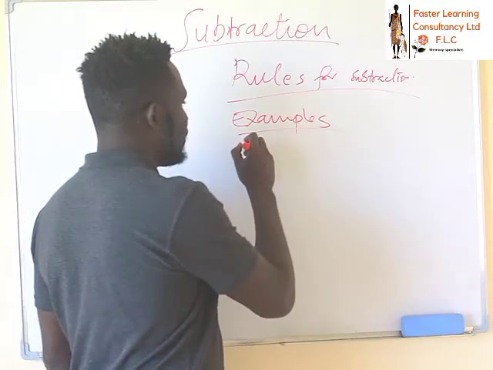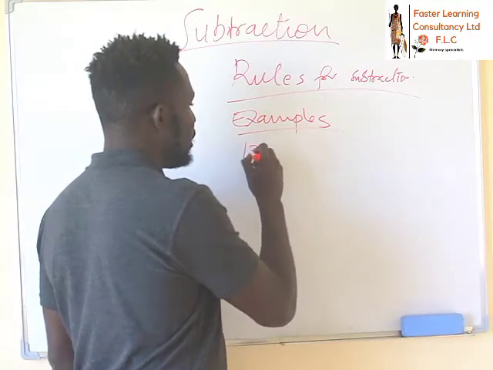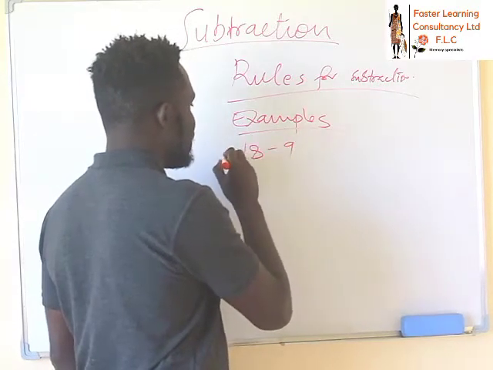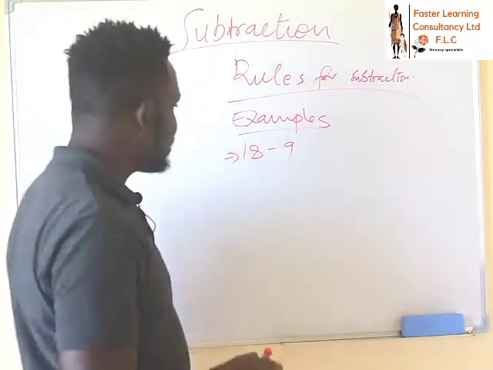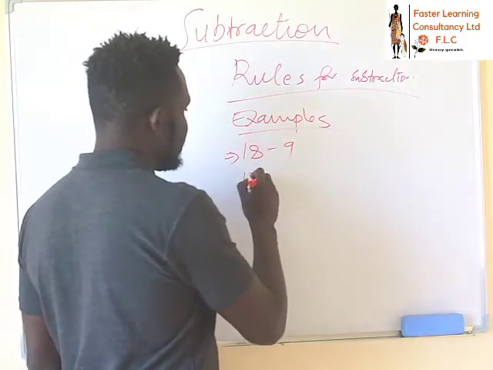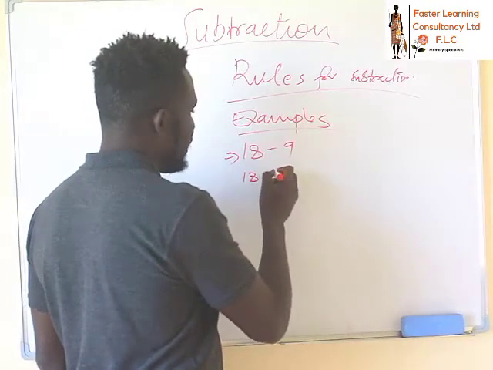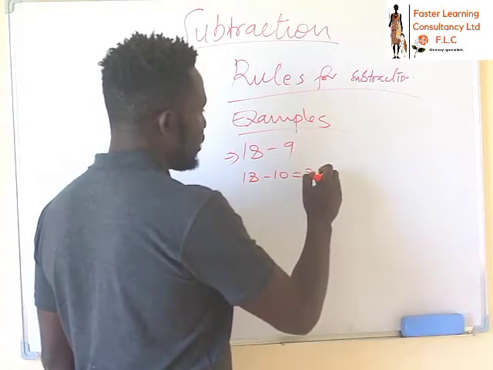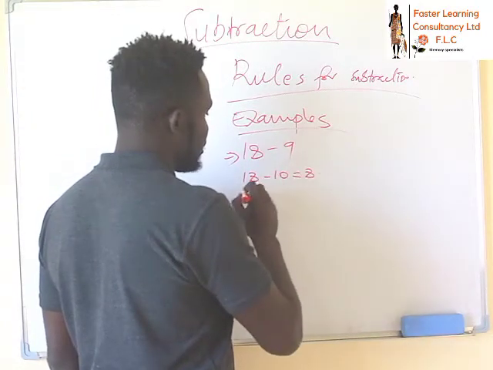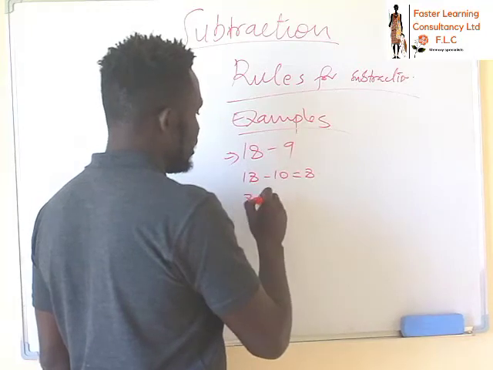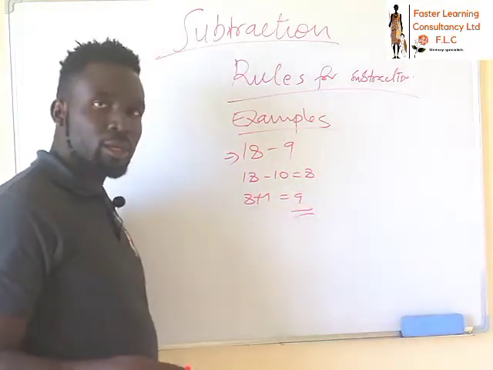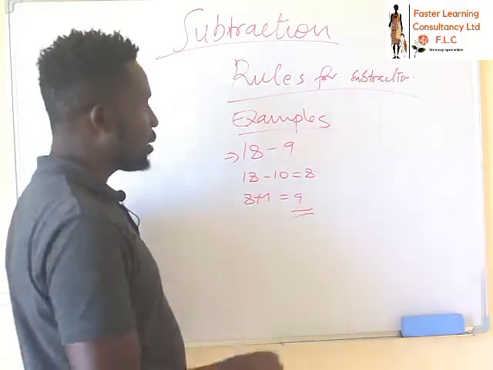Suppose you have a small one, 18 minus 9. Using the method I talked about, we say 18 minus 10 gives you 8, and then we add 1, so 8 plus 1, you have 9. That's how you make the calculation easier.